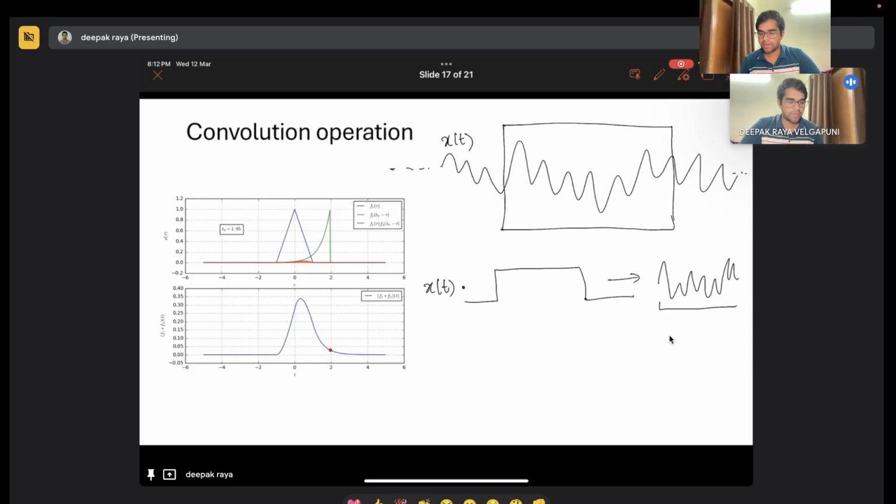Now we want the Fourier transform of this signal. Instead of doing the Fourier transform directly on it, we take the Fourier transform of x, which is X of f, and the Fourier transform of the rectangle, which is a sinc function.